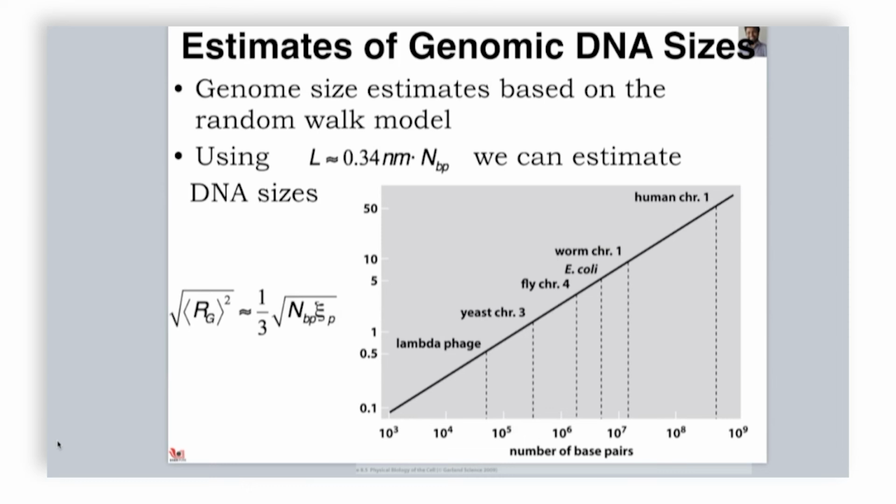Here you're looking at a log-log plot of the radius of gyration on the y-axis and base pair lengths on the x-axis. On this log-log plot, these data sets seem to fall on a straight line, with lambda phage at the lower limit and human chromosome 1 at the upper limit.